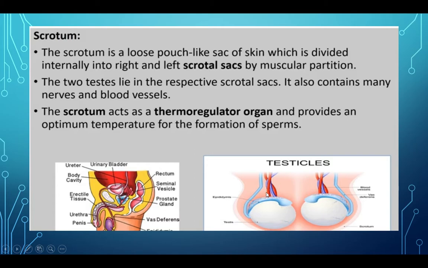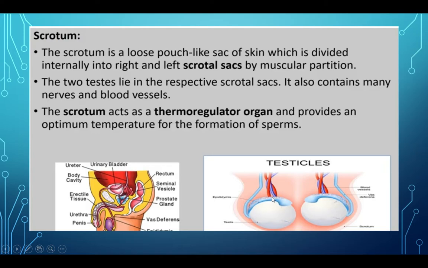And next let's see about the scrotum. Scrotum is what you know, pouch. So this is the testis. Can you see the testis? Yes. The testis is placed safely inside a bag-like structure, or you can say a pouch, called the scrotum.